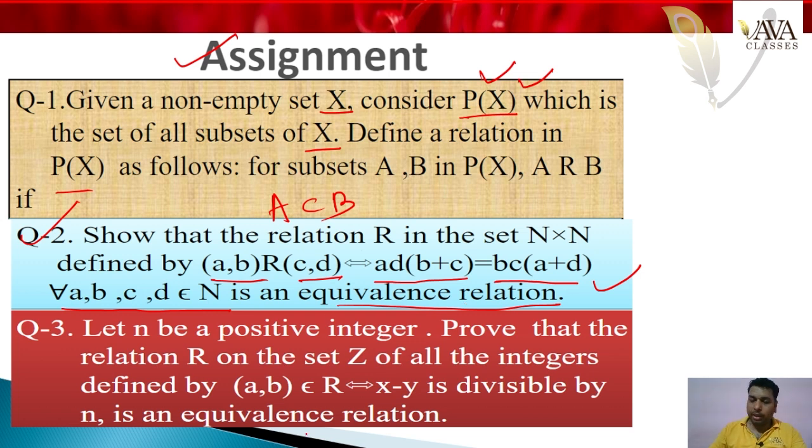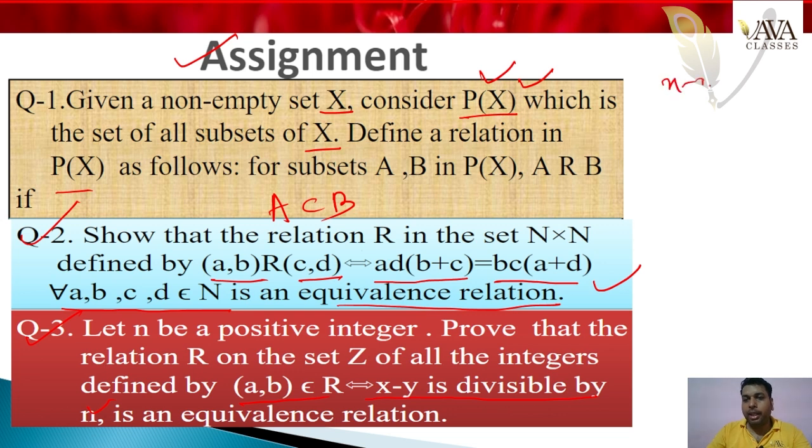Now, question number 3. What is given? Let n be a positive integer. Prove that the relation R on the set Z of all integers defined by the ordered pair (x, y) belongs to R if and only if x minus y is divisible by n, is an equivalence relation.